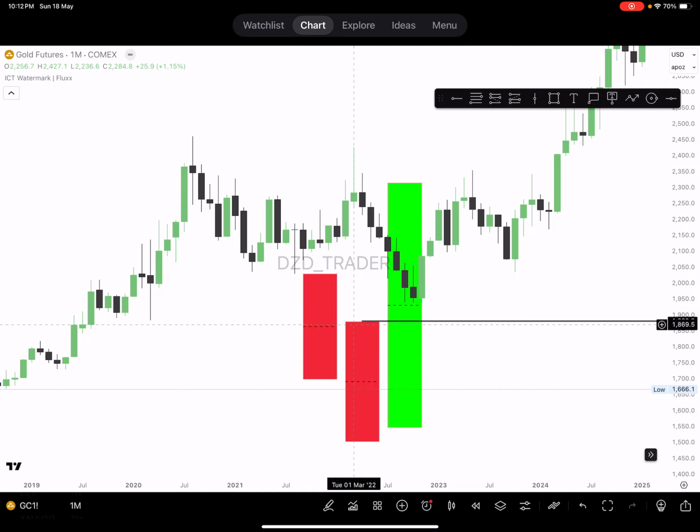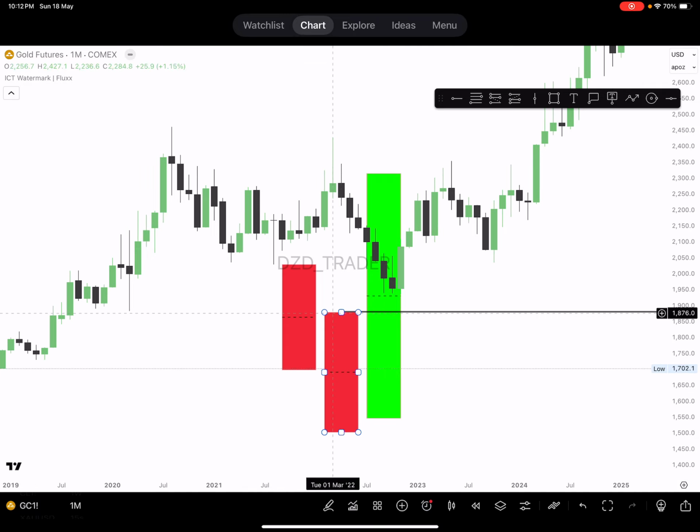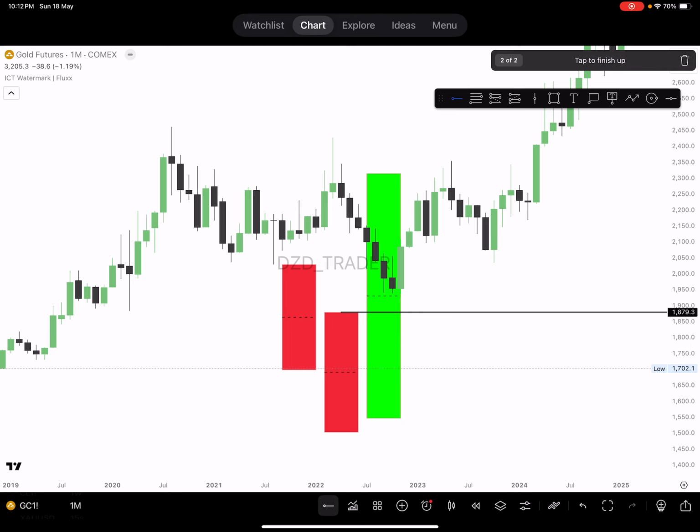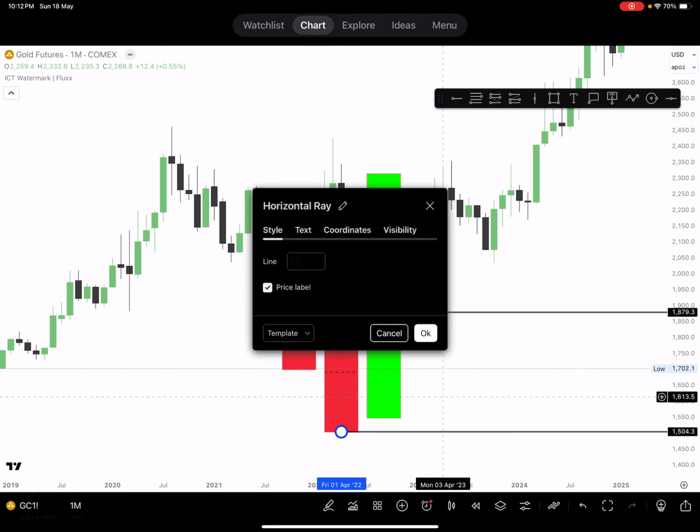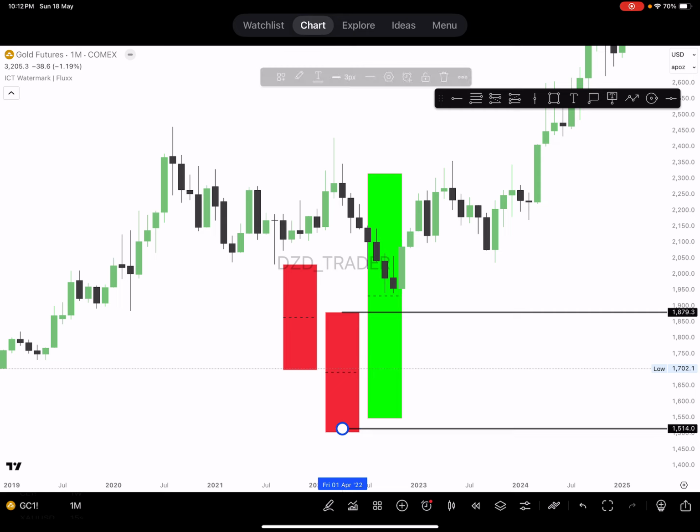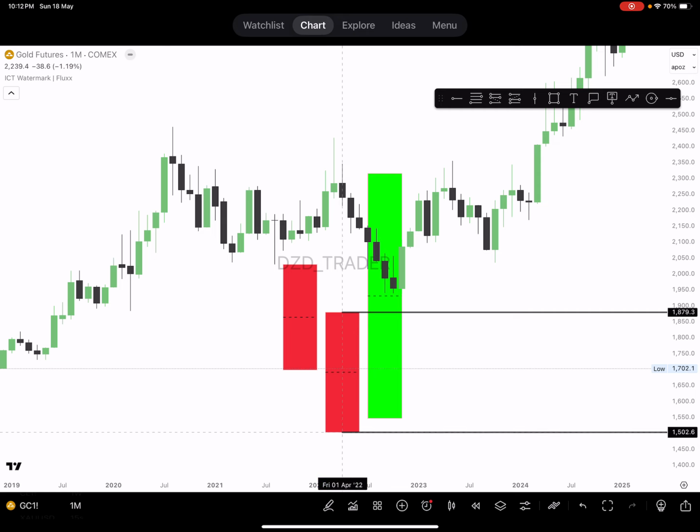This is in theory only, a really good entry for a long trade, and our expected stop loss shall be below this down close candle. So that's our stop loss.